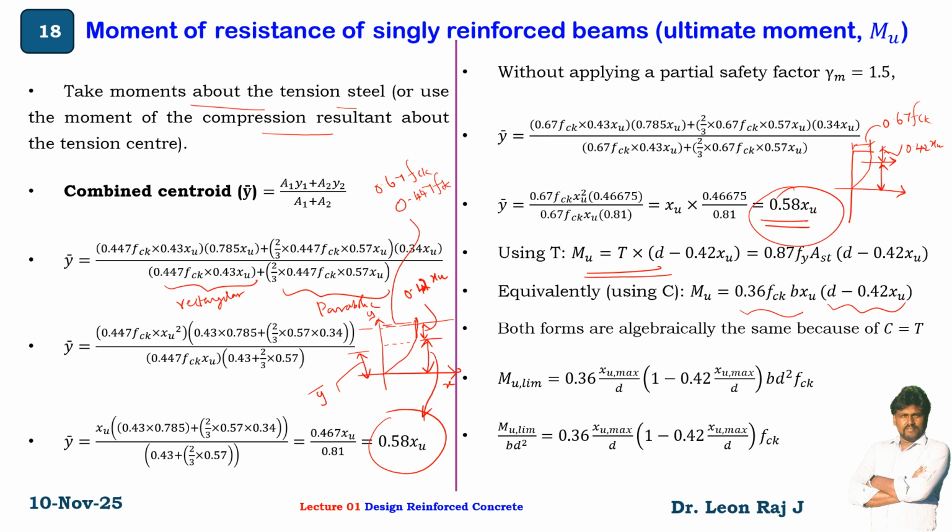We are limiting, at any cost, the concrete strain should not exceed 0.0035. Hence the moment is limited to 0.36 XU max by D into 1 minus 0.42 XU max by D, into B D square fck. This is how the Mu limit divided by bd square formula is arrived.